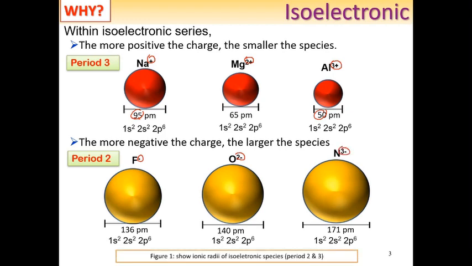As the negative charge increases, the ionic radii from fluoride to nitride increase from 136 to 171. So I can conclude that from the most positive to the most negative ion, the size of isoelectronic species is increasing.